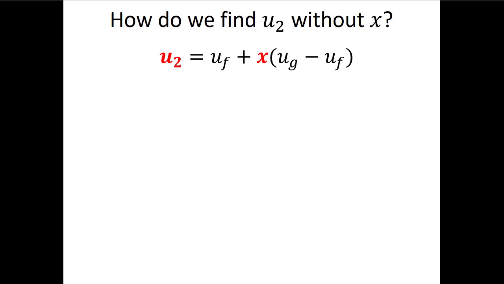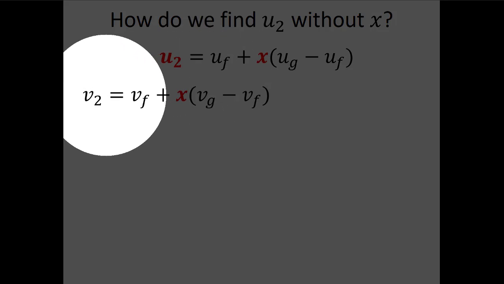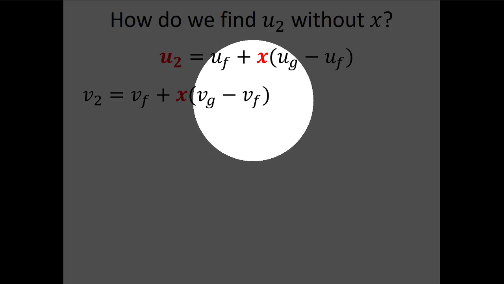So how do we find X in a problem like this? The answer is we look for some other property where we know what it is. Because right now I'm trying to find specific internal energy, so I've got one equation and two unknowns. So I need another equation. I'm going to use the quality equation for a different property, in this case, specific volume.